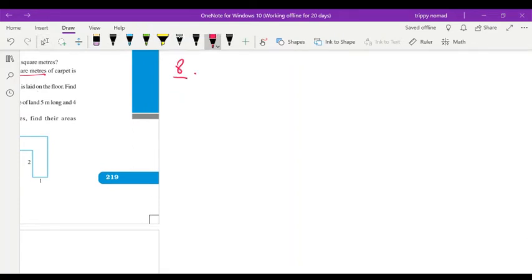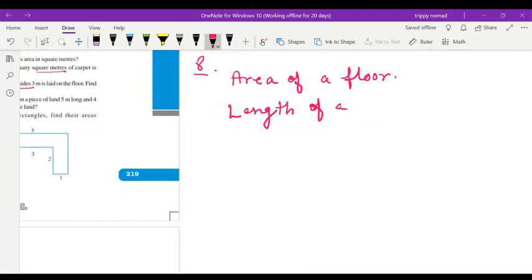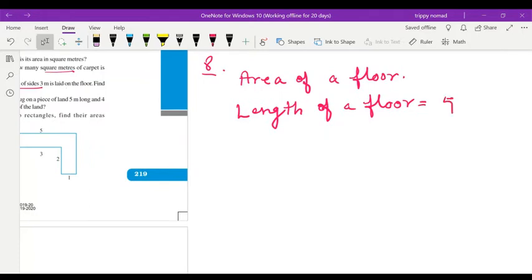First we will find out the area of the floor. First, length of a floor is equal to 5 meter.